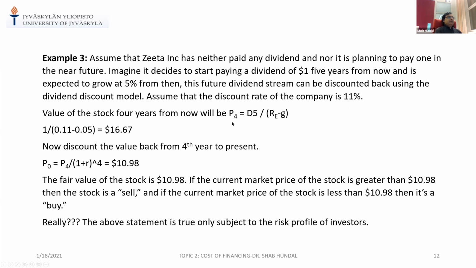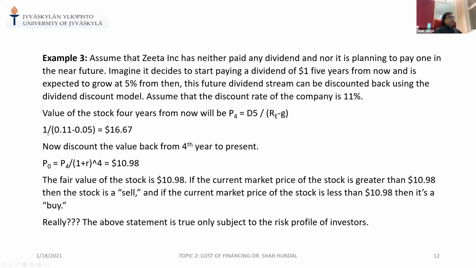So it means that when you pay a dividend in the 5th year, you can calculate the notional price of the stock in the 4th year. So if $1 is the dividend you pay in the 5th year, then what would be the notional, expected or theoretical price of Zeta's stock in the 4th year?